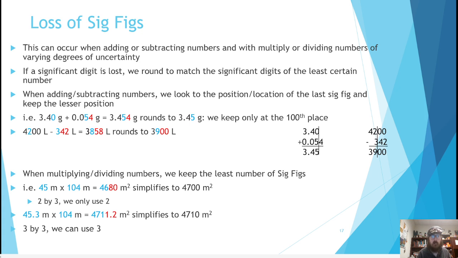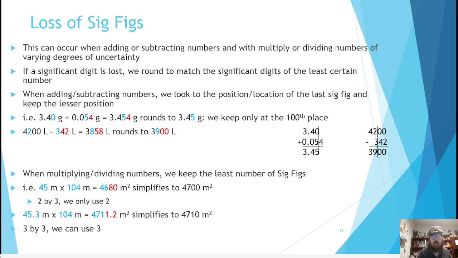So in the case of 3.40, and we're adding 0.054, yes, your calculator will give you 3.454. However, what's not known is that 3.40, who knows what that other place is?